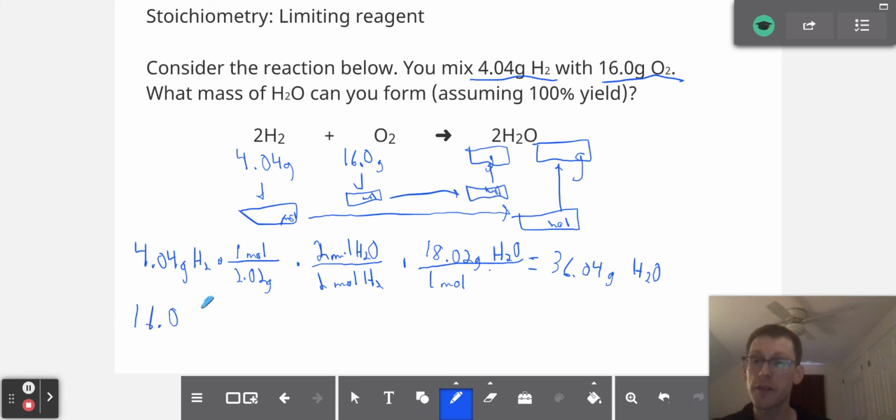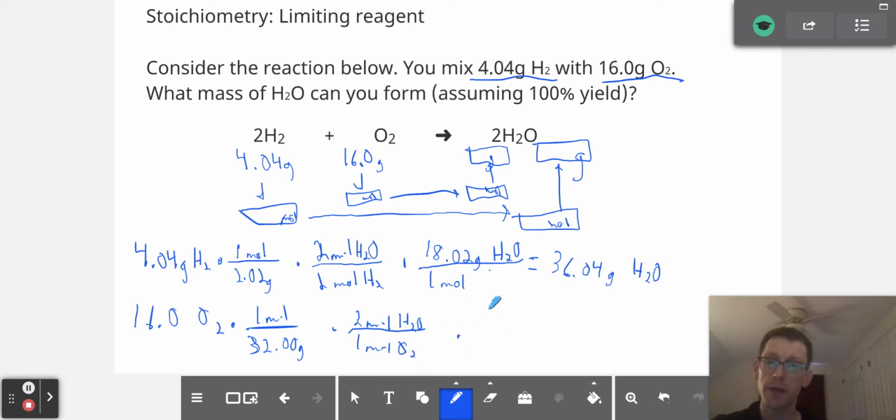But we're going to do the same thing now for oxygen. And what we'll see, oxygen, the atomic mass is 16.00, so the molar mass of O2 is 32.00 grams per mole. We'll say that we have 2 moles of H2O that are formed for every 1 mole of O2.